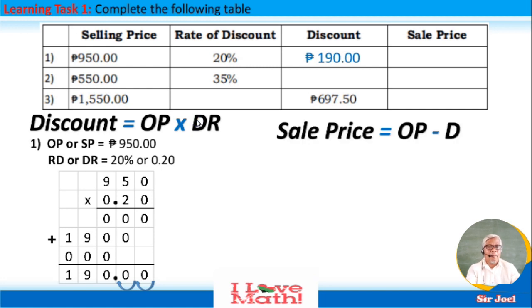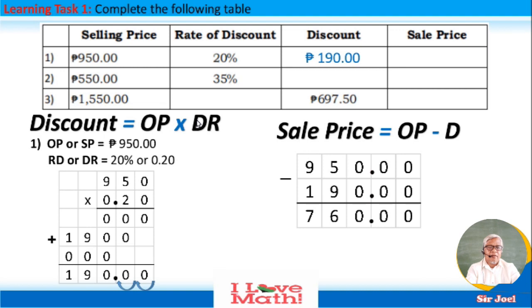Next, for the sale price, it is the original price minus the discount based on our definition kanina. So, kung ang ating original price or selling price is 950 pesos and the discount is 190, ano ngayon ang mangyayari? Subtract the two, 950 minus 190.